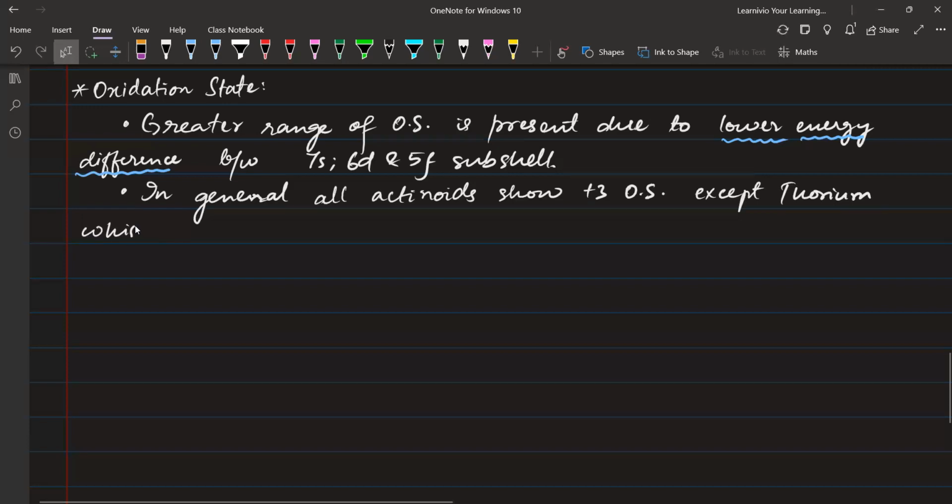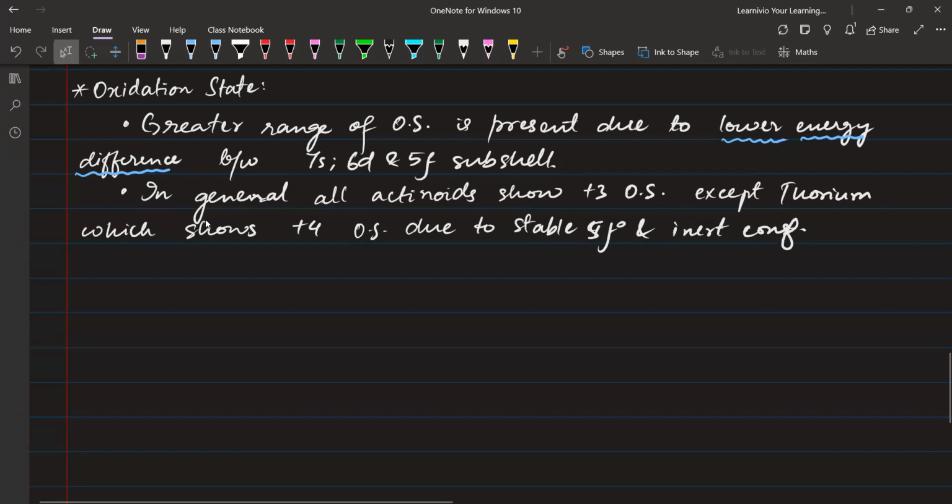It shows +3 oxidation state due to stable 5f7 configuration. See, so actinides and lanthanides both show +3 oxidation state in most of the compounds.